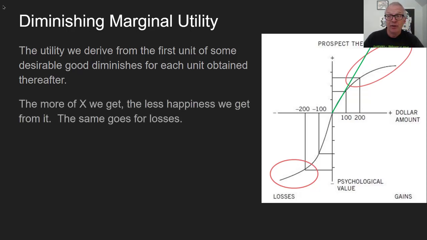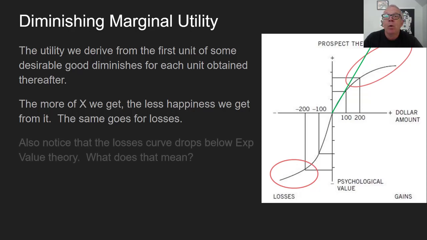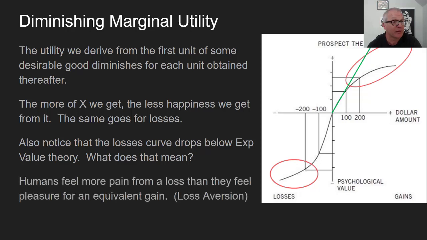The more of X we get, the less happiness you get from it, and the same goes for losses. Also notice that the losses curve drops below expected value theory. What does that mean? The line's not shown on this chart, but what we've said is that that's loss aversion. Humans feel more pain from a loss than they feel pleasure from an equivalent gain.